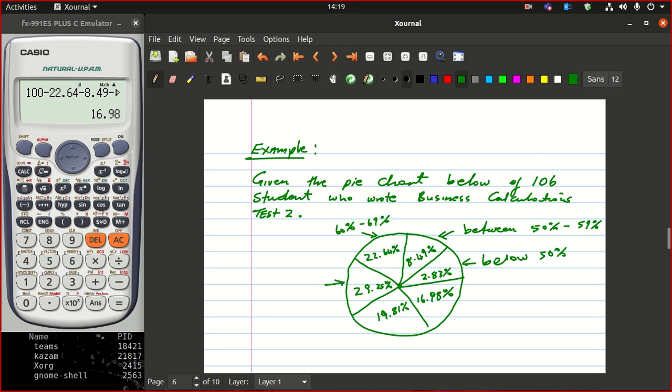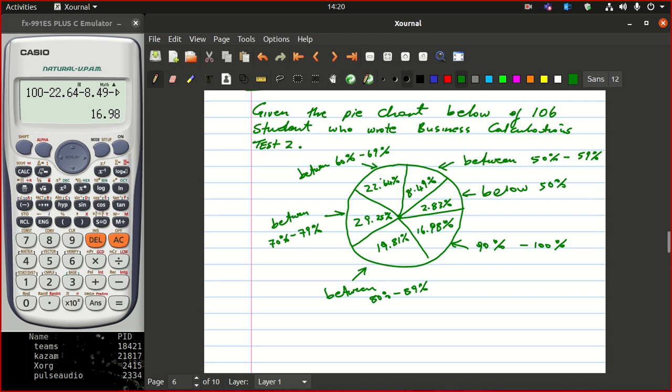This portion here are the students who got between 70% to 79%. And then this one here got between 80% to 89%. And then these students here actually got between 90% to 100%.